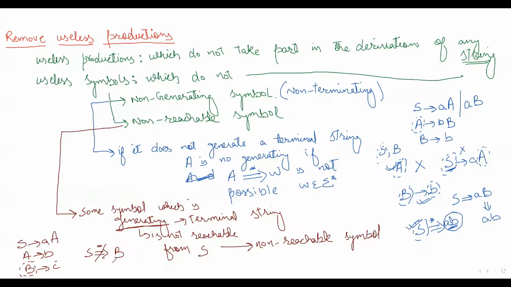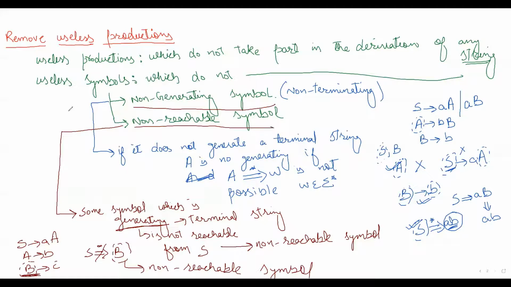No. So even though it is generating, this symbol B is a non-reachable symbol. From here you can see that both non-generating and non-reachable symbols are useless symbols. They are of no use, so we should remove such symbols.